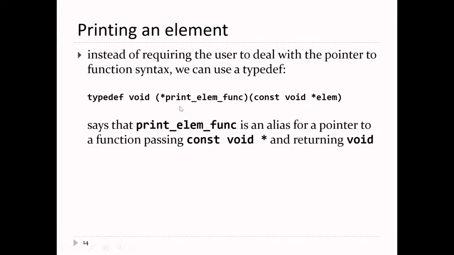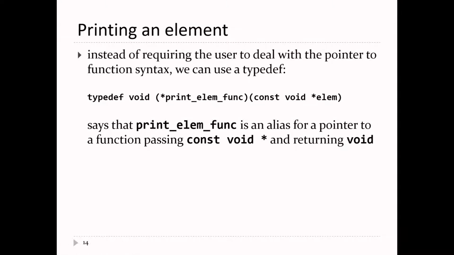So the type print_elem_func is a pointer to a function that returns void, takes in a pointer to void that points at a constant value. That statement simply says that print_elem_func is an alias for a pointer to a function passing const void star and returning void.